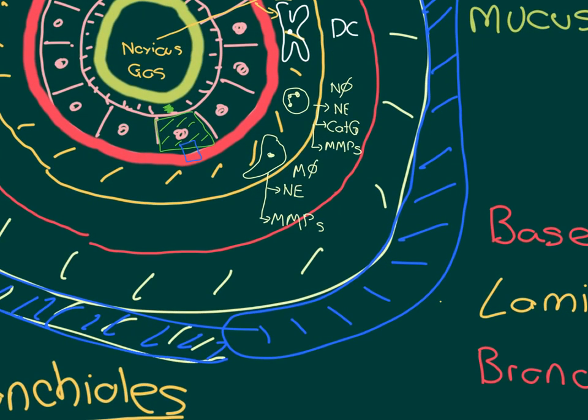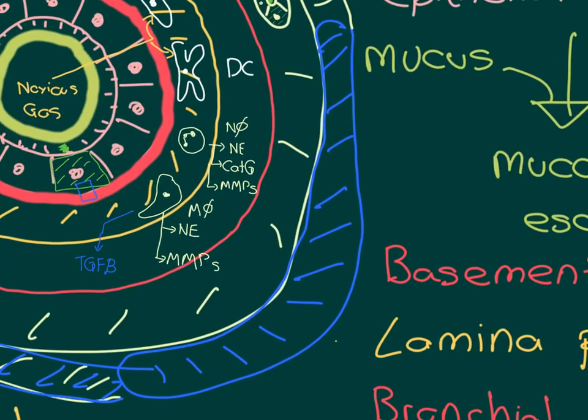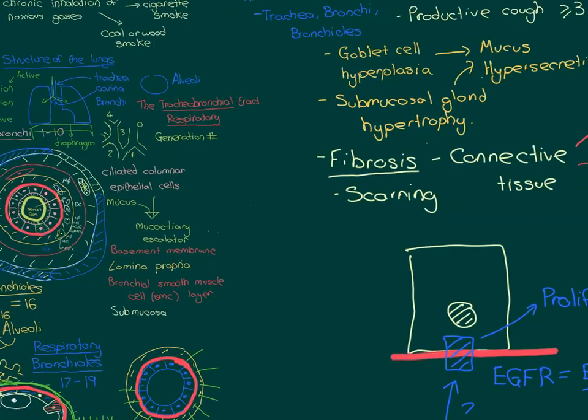These macrophages that are going to be present in the lamina propria now for a very long period of time due to the noxious gas inhalation are going to release a new signaling molecule that we haven't talked about before, and this is called transforming growth factor beta, a very famous signaling molecule that macrophages release.